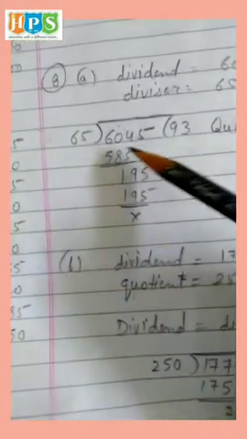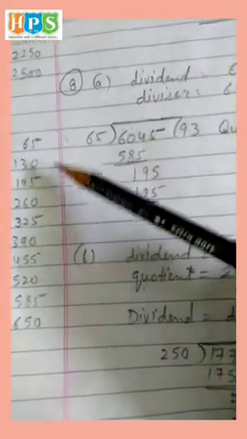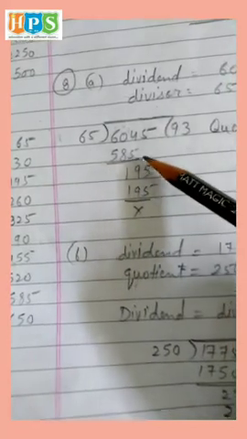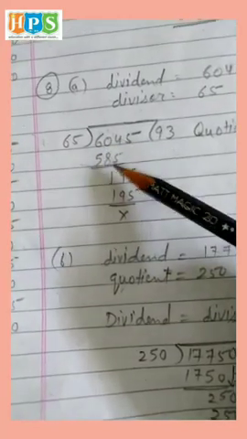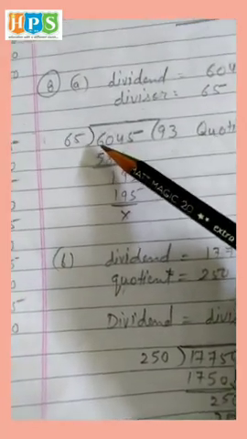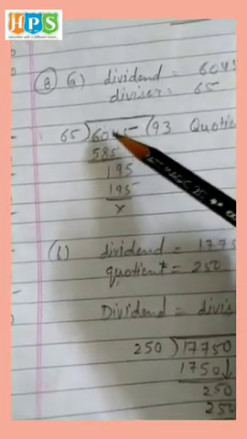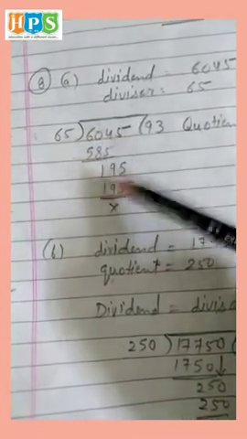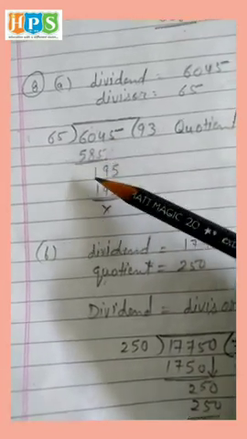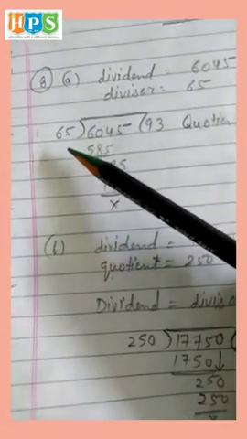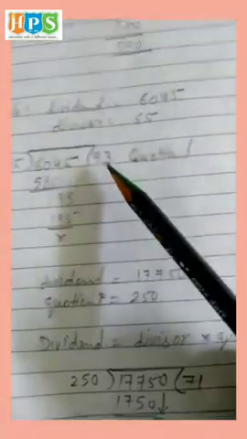This is the table of 65. 65 nines are 585, and we can't subtract 4 minus 5, so borrow 100 to tens and 10 to ones to make 14. 14 minus 5 is 9, and what's left? 9. 9 minus 8 is 1, and we write the next digit 5 to make 195. 65 threes are 195, so the quotient is 93.